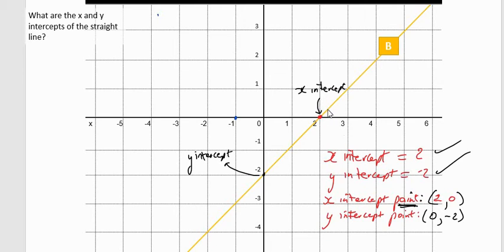So when they ask for the x-intercept, you just read off from the x-axis where the graph cuts it, the x value. Let me explain. For the x-intercept point, the x value is called the x-intercept.